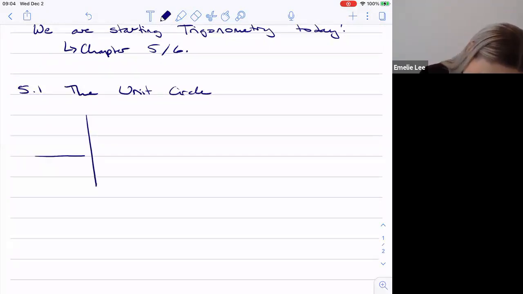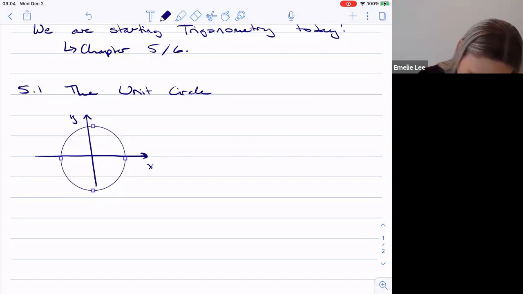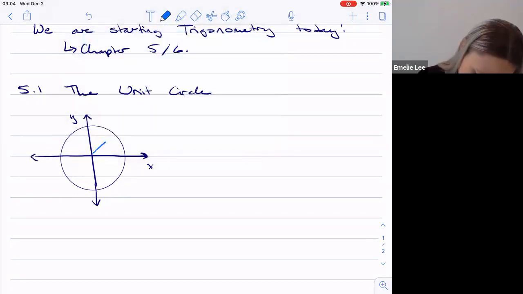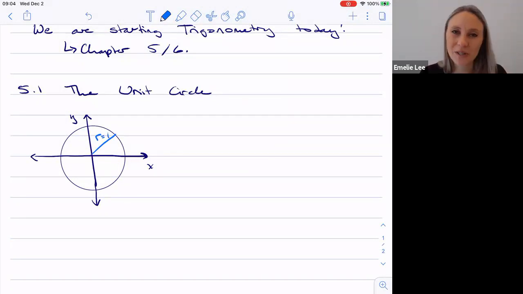In fact, if I draw an XY plane here, the radius on the unit circle is 1. It's centered at the origin at 0, 0.